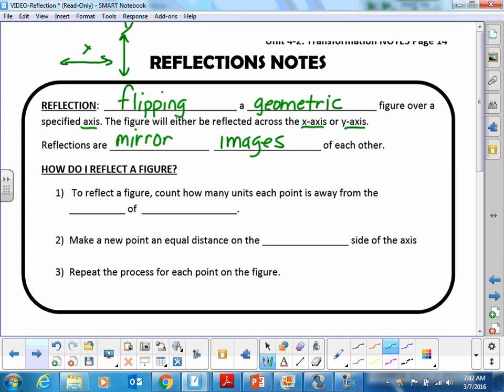To reflect a figure, count how many units away each point is away from the axis of symmetry. That just simply means which line it's going over. And then you make a new point that is an equal distance on the opposite side of the axis. And then you repeat the process for each point on the figure. It's that simple.